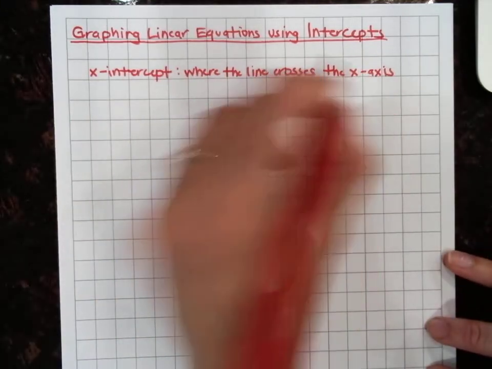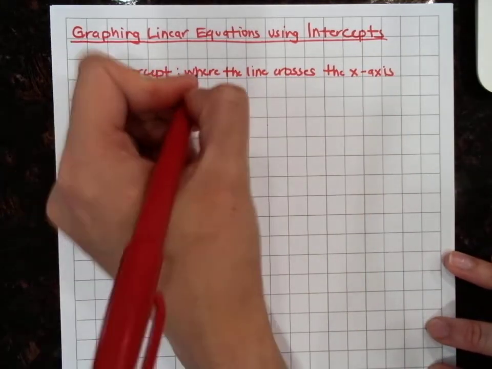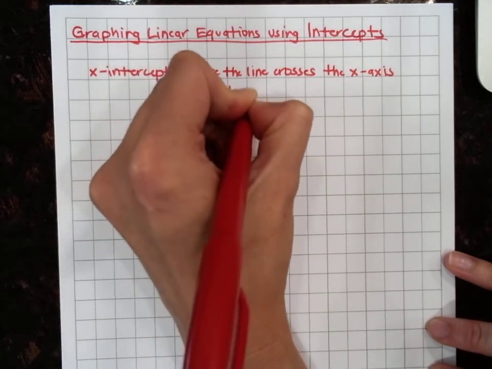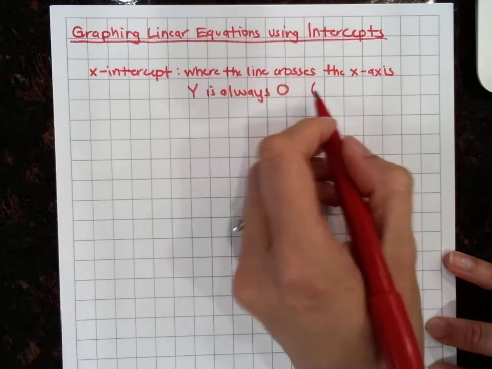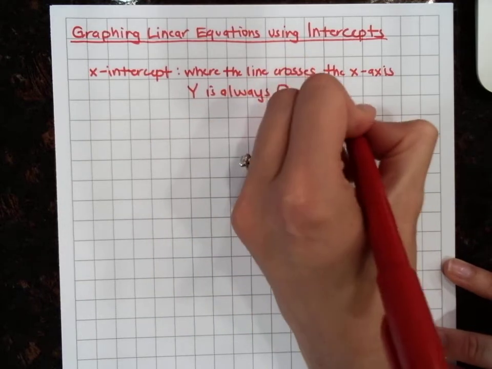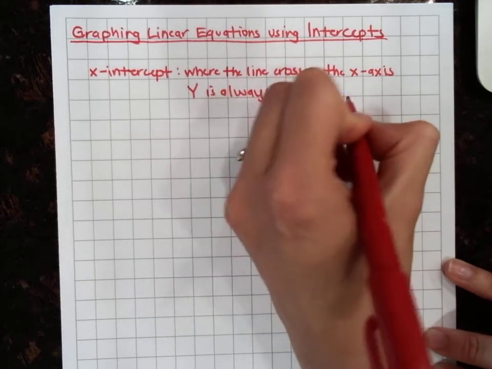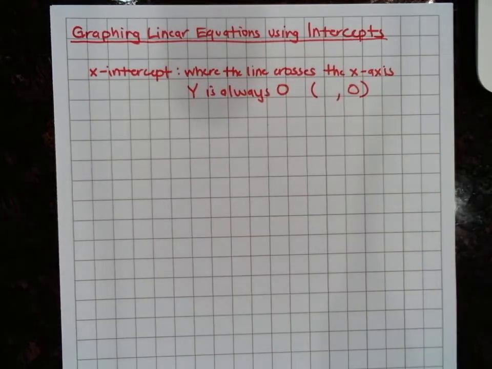And since it's on the x-axis, we know that y is always 0. And so our x-intercept always has something here for x, but then the y is always 0.